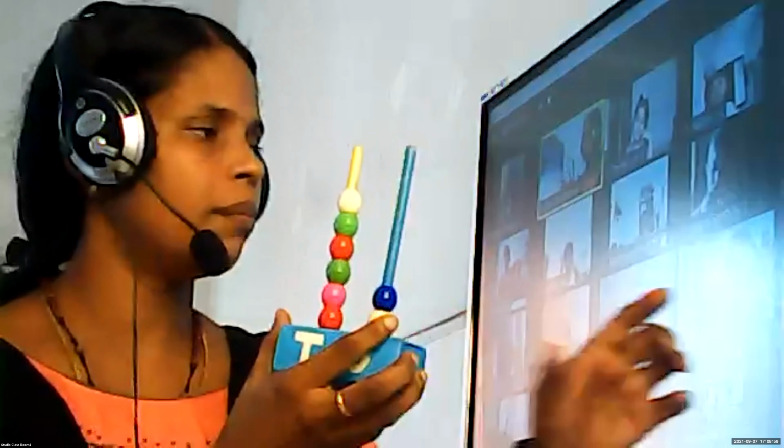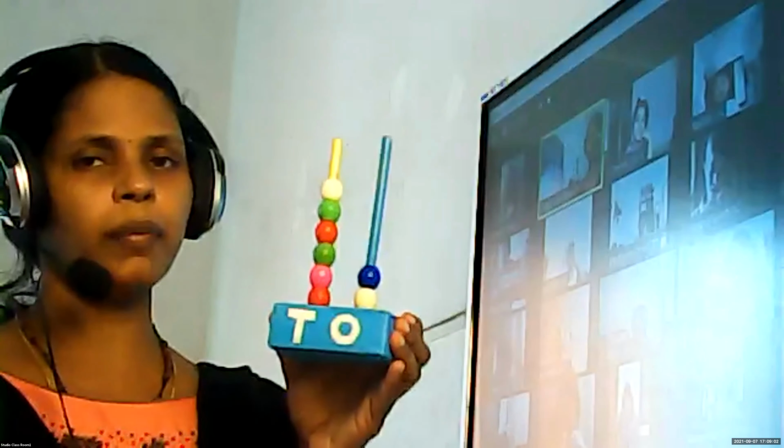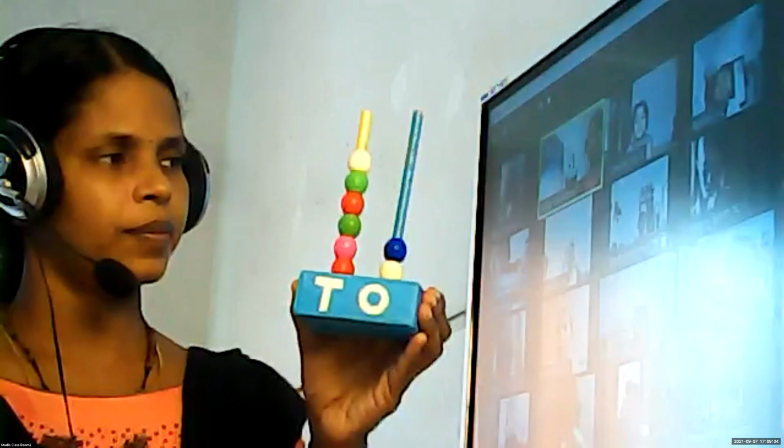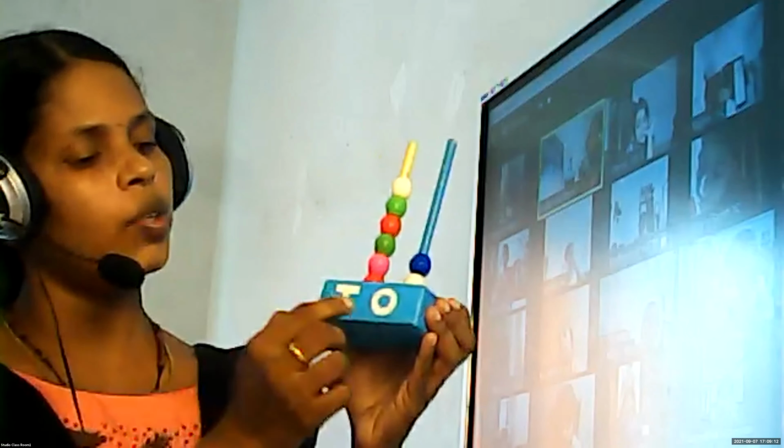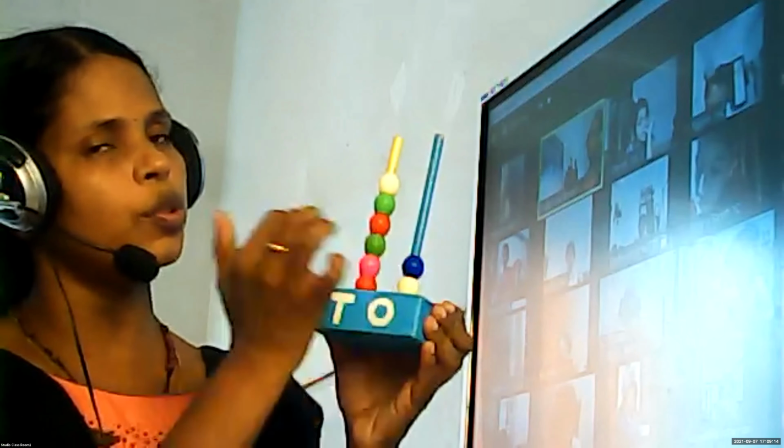Banu Lakshana, tell me the number. You can see at the tens space 1, 2, 3, 4, 5, 6. And the ones space 1, 2.